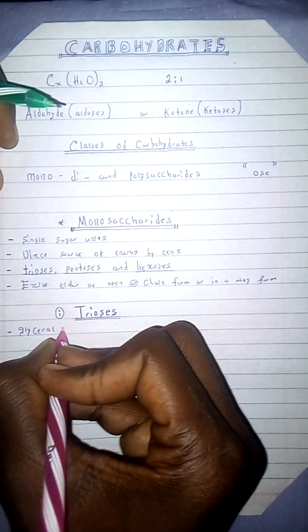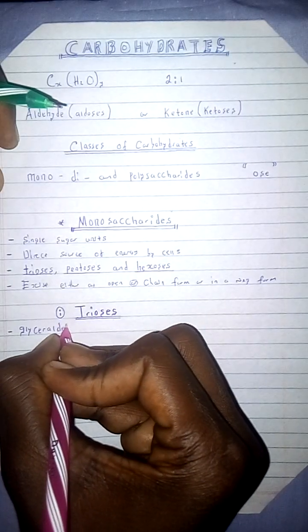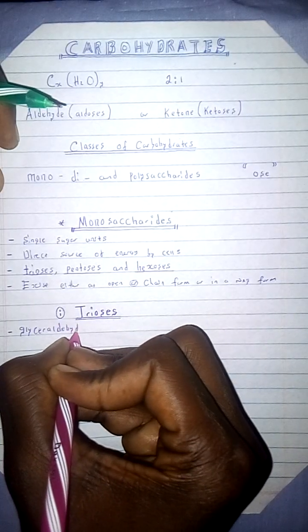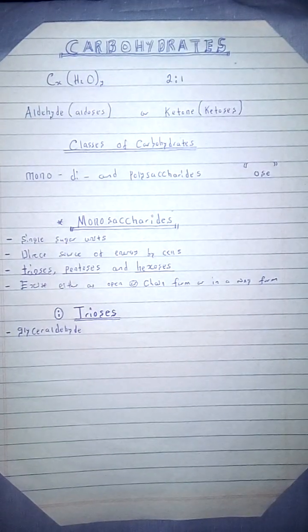Glyceraldehyde can exist in two forms. In other words, glyceraldehyde has two optical isomers.